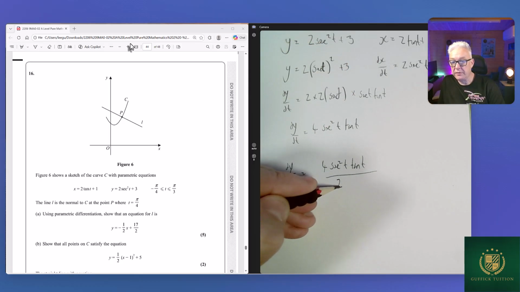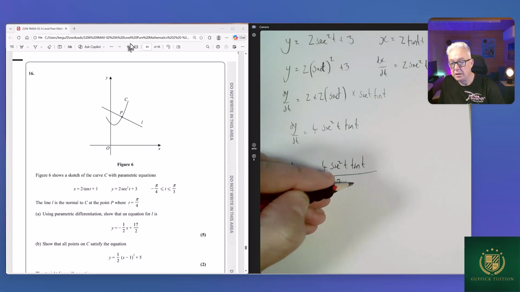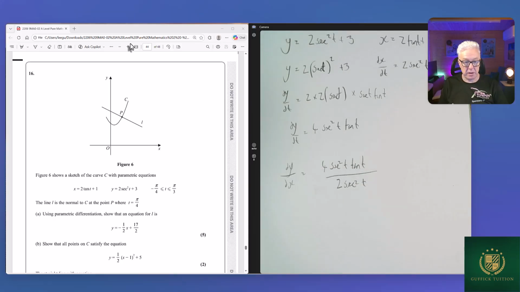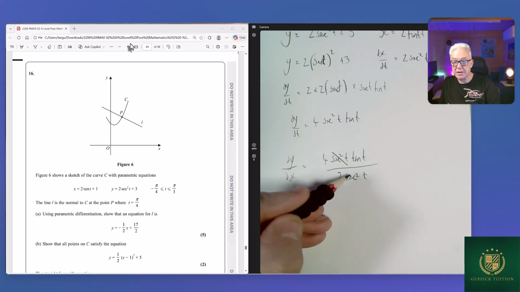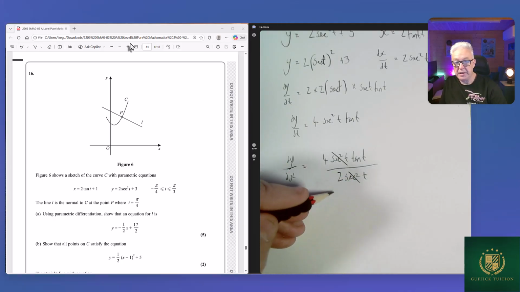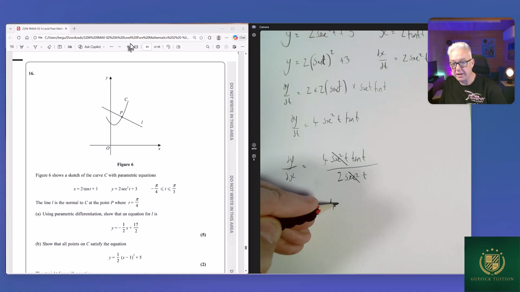So that is going to be over sec squared t, like that. All right, that's perfect. So what's going to happen now is our sec squared is going to cancel there and there, leaving us with 4 tan t as our dy by dx.